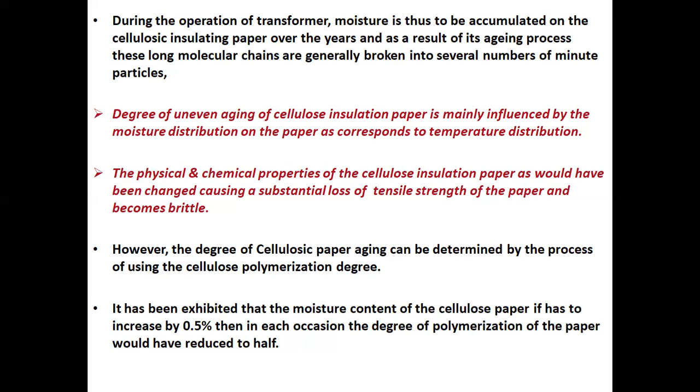However, the degree of cellulosic paper aging can be determined by using the cellulose polymerization degree. It has been exhibited that if the moisture content of the cellulose paper increases by 0.5%, then on each occasion the degree of polymerization of the paper would have reduced to half.